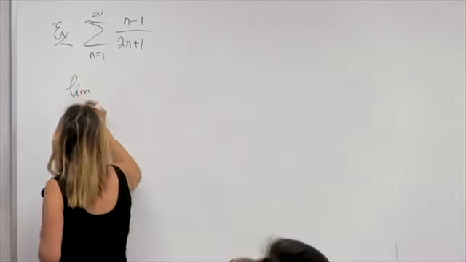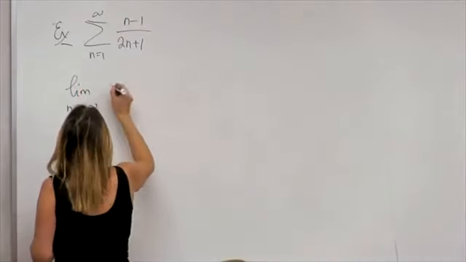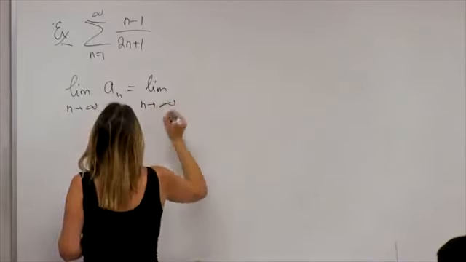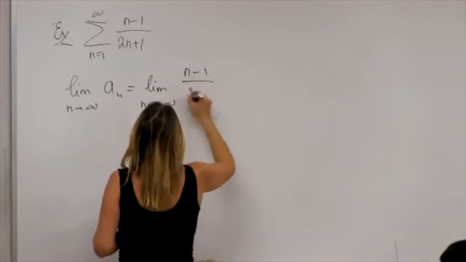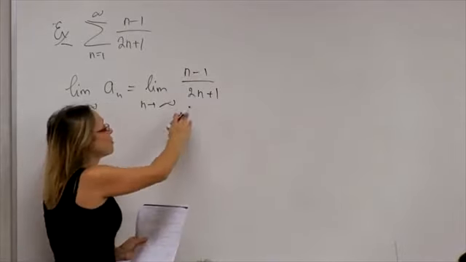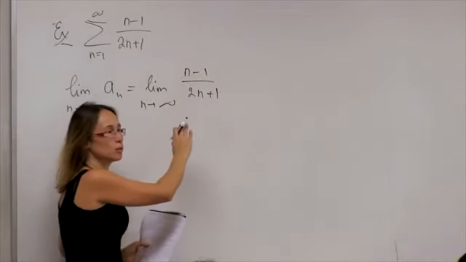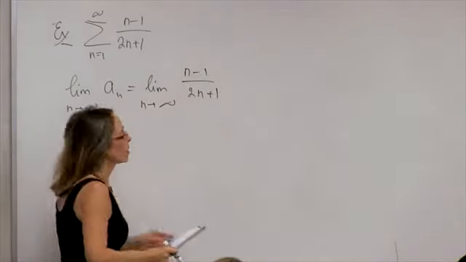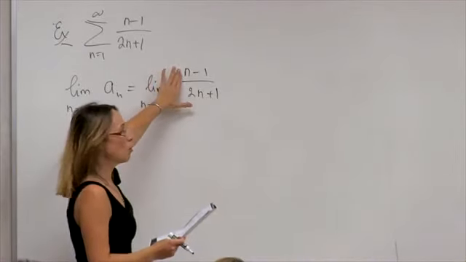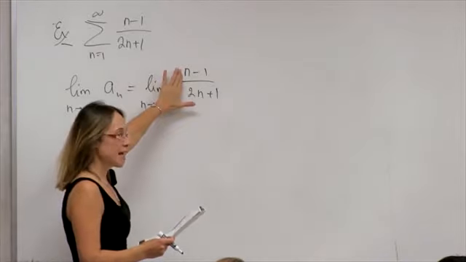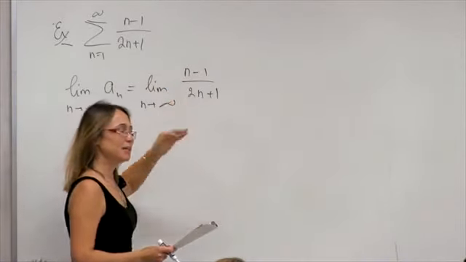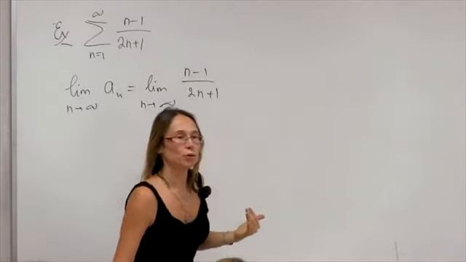If we look at the limit of an, n minus 1 over n plus 1, I know just by looking at it that it doesn't go to 0. How do I know? The giveaway is that the highest power of the numerator is the same as the highest power of the denominator. This is something that you probably know already.